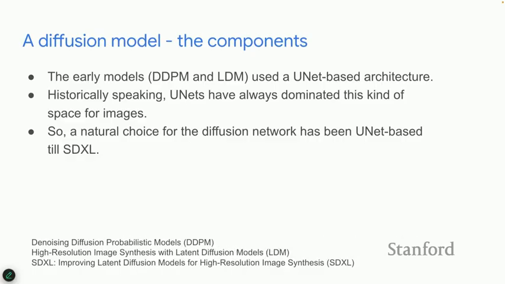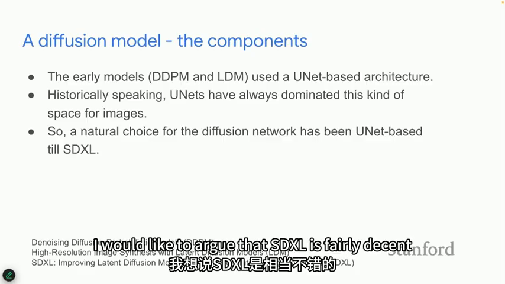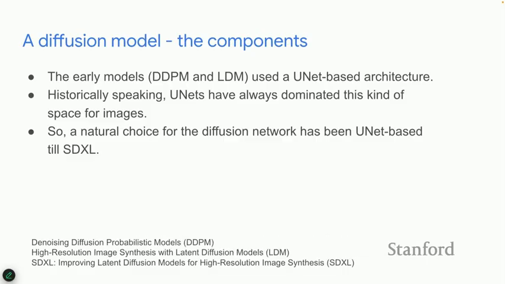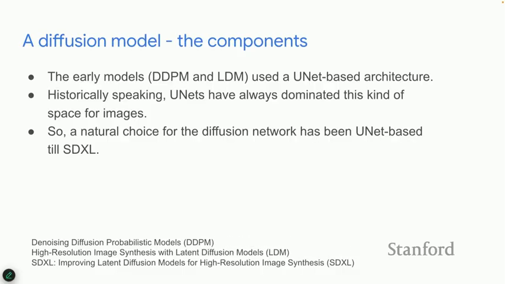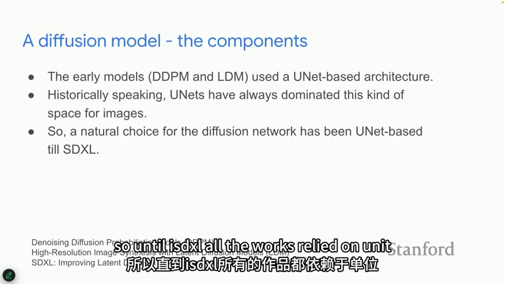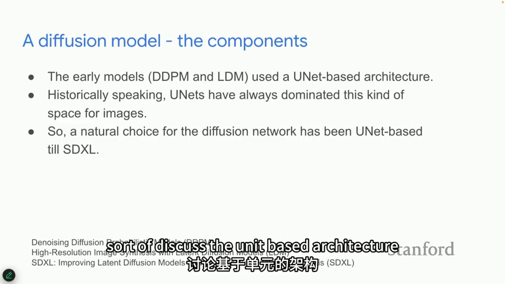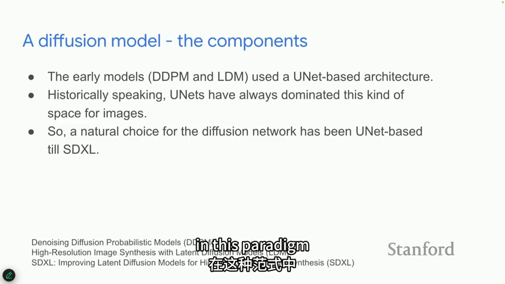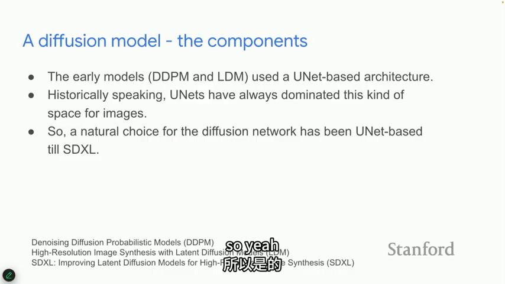If you are trying to develop a chronology of all the architectures that have come around, I would like to argue that SDXL is fairly decent, and also based on its usage, I think it's decent. So until SDXL, all the works relied on UNet. So I think it makes sense to discuss the UNet-based architecture in this paradigm, and then start seeing why we really need to transition to transformers.